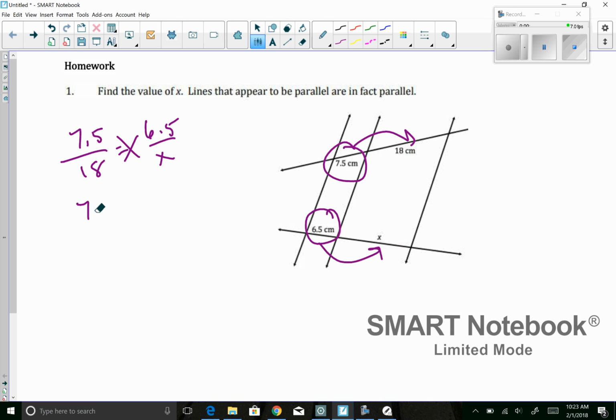Cross multiply, and we get 7.5x is equal to 18 times 6.5, which is 117. Divide both sides by 7.5, and we get x equals 15.6.